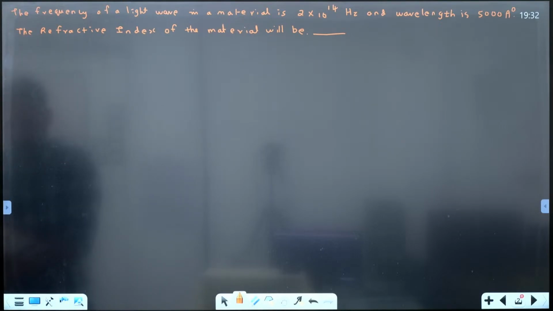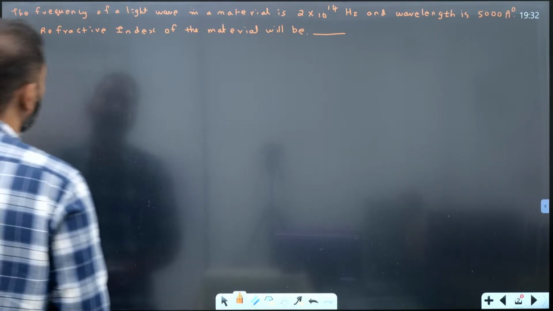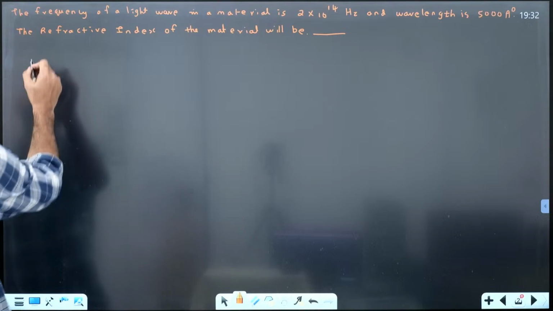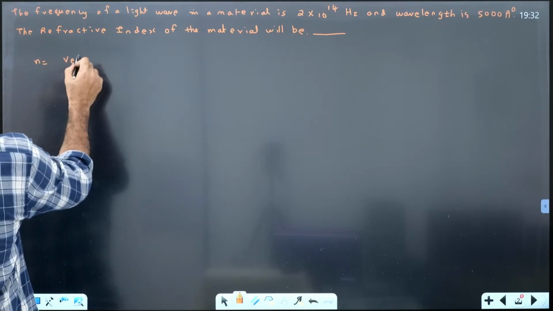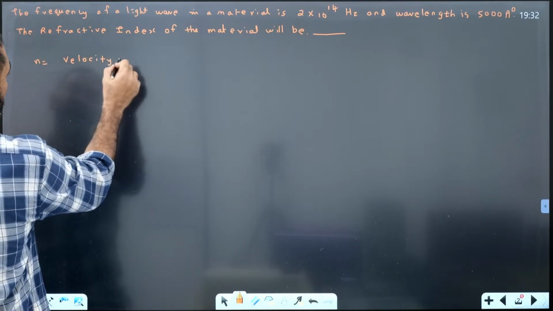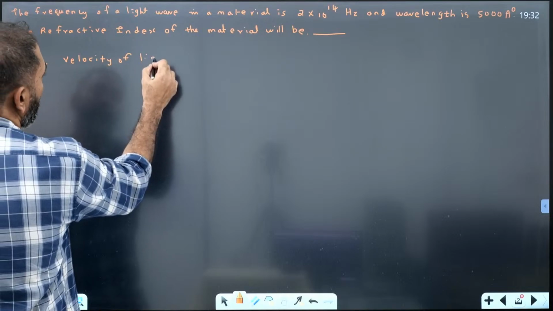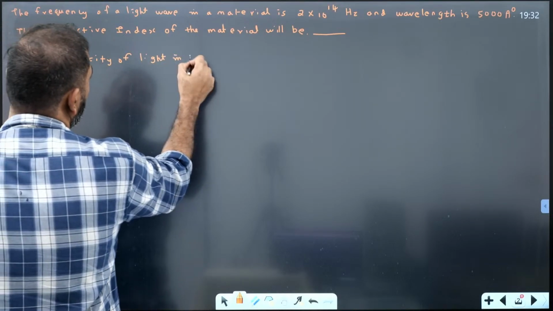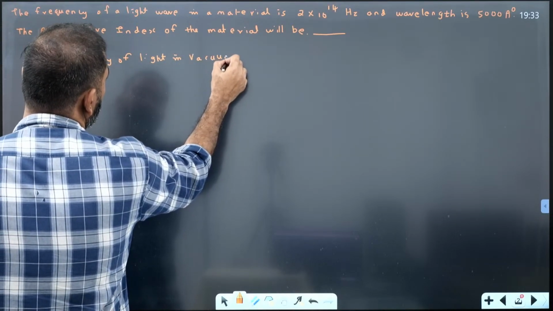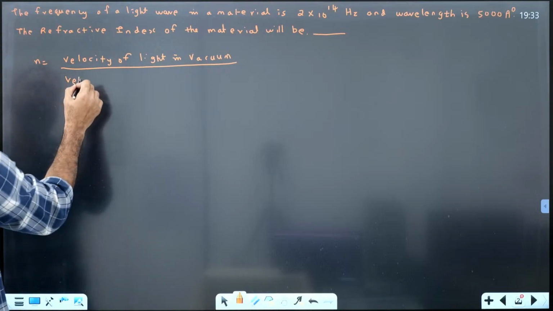Now we know, what is the relation for refractive index? Refractive index is equal to velocity of light in vacuum divided by velocity of light in medium.